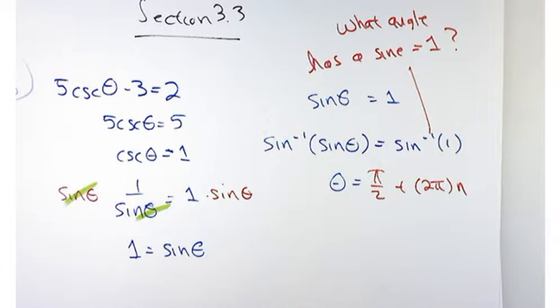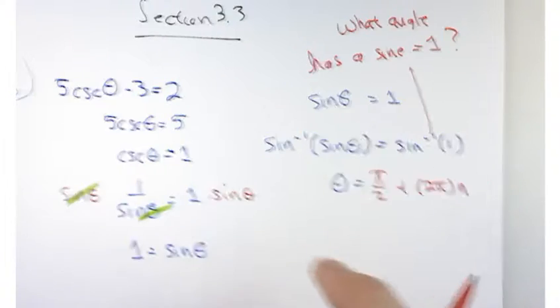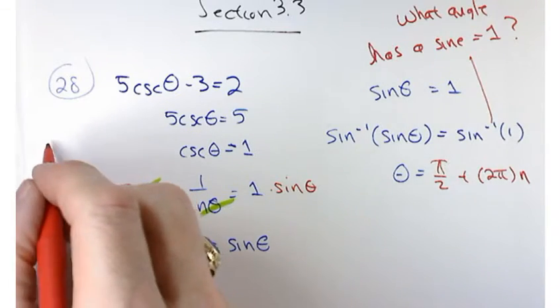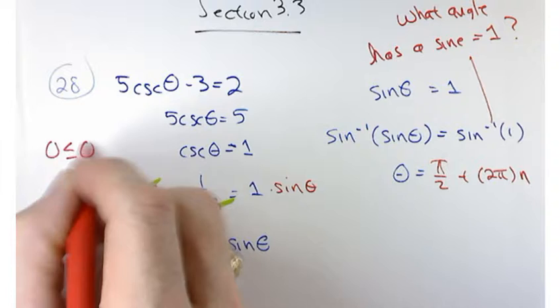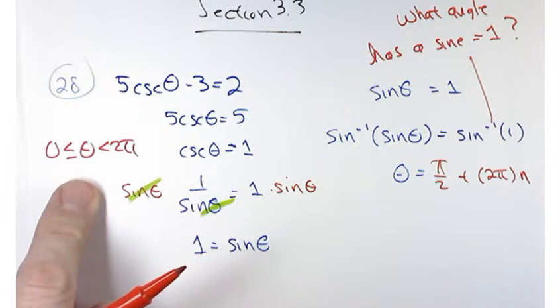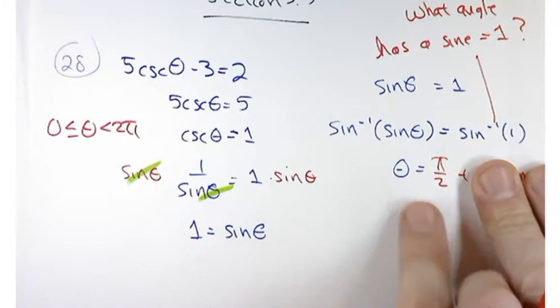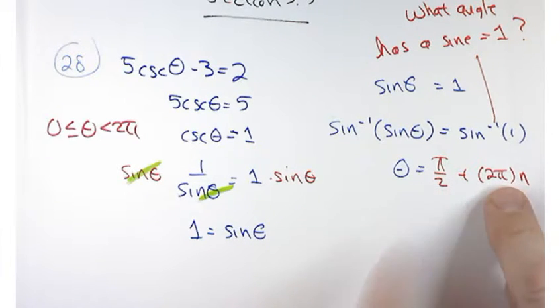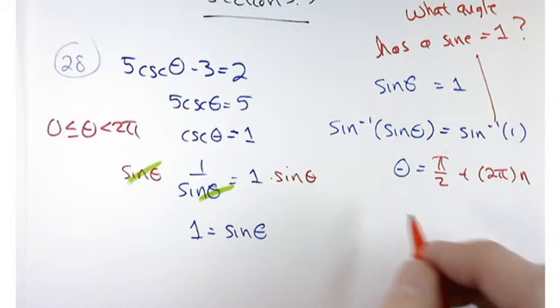Now technically in this problem I don't need to do that because they're just looking for solutions in the interval 0 less than or equal to theta less than 2 pi for problem 28. And you're only going to have one solution in that interval. But this is the more general solution. N is the same as k, right? N, k, yeah. This is just an integer.